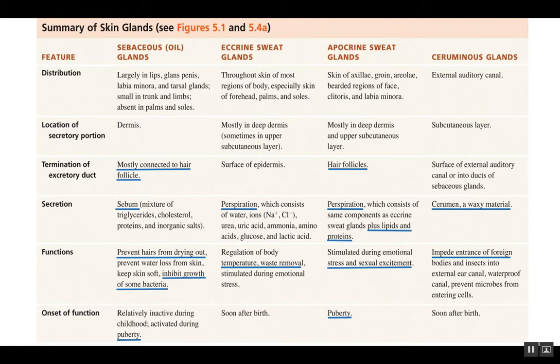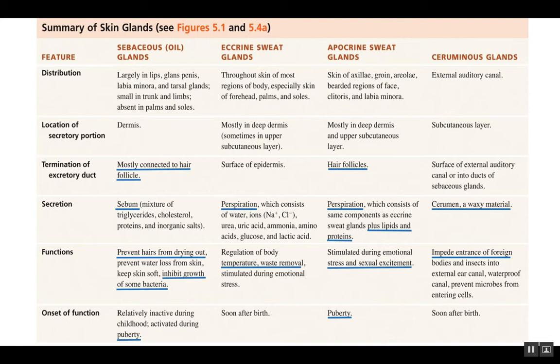Where are they located? Well, these glands are mostly connected to hair follicles. And when we look at the image, we'll see that if you find a hair follicle, quite often there are these glands sticking off of that follicle. Therefore, the sebum is secreted into the follicle with the hair.